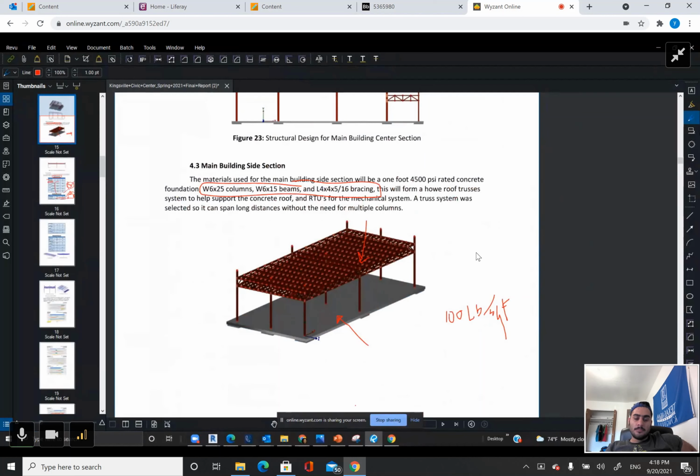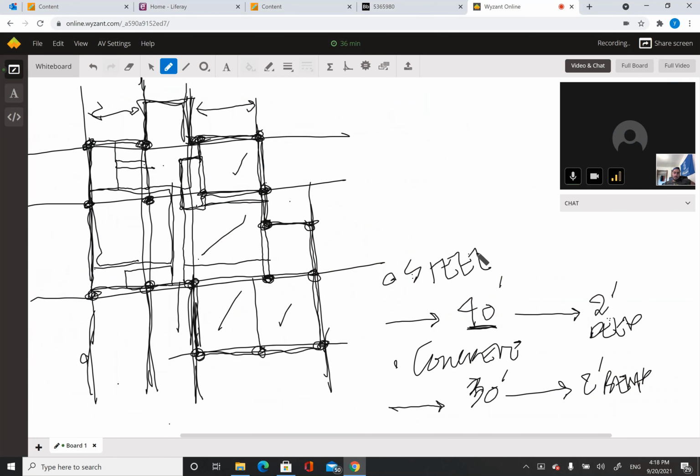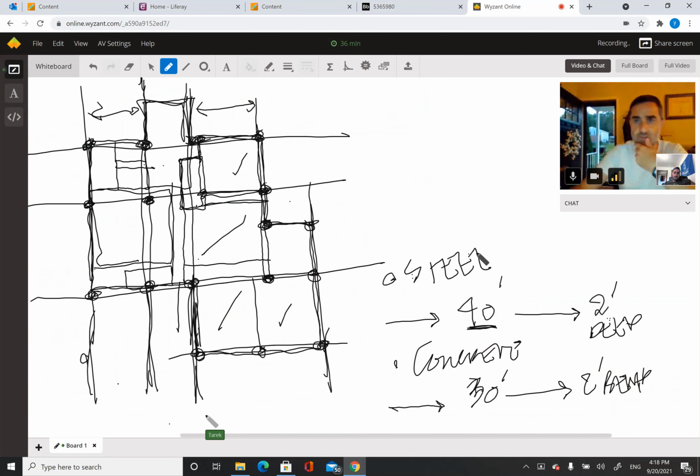Do you remember from your structures class how to calculate, let's say you want to get the load on this column? Do you remember how to do that? Like if you had this as a bay, you had loads of, let's say, 100 pounds per square inch on this slab, right?